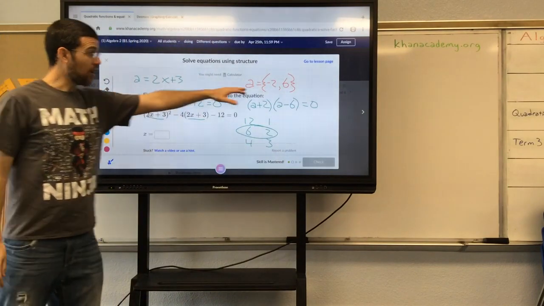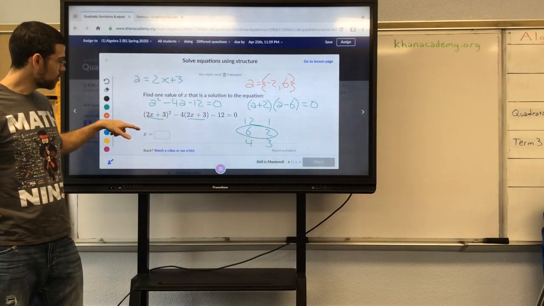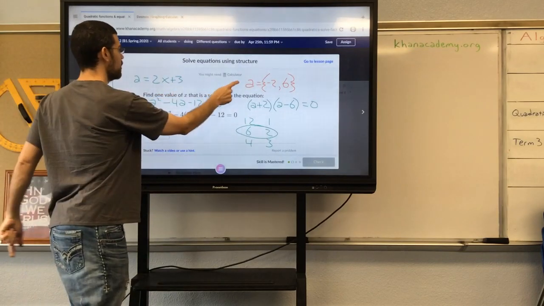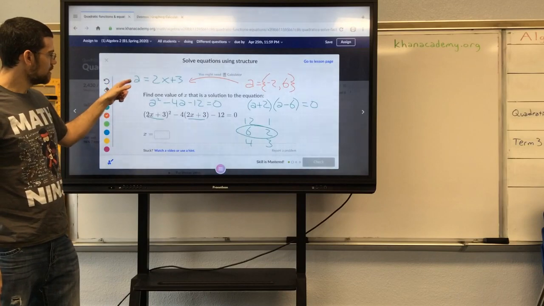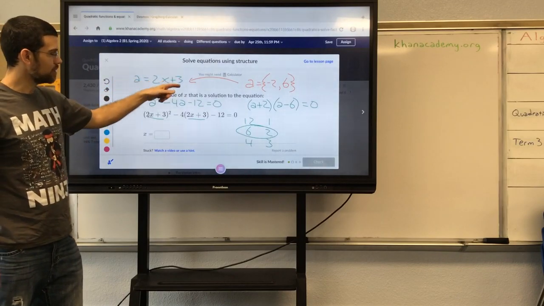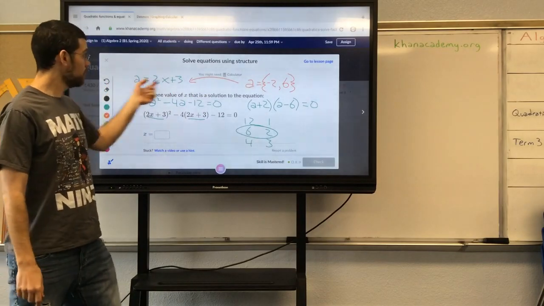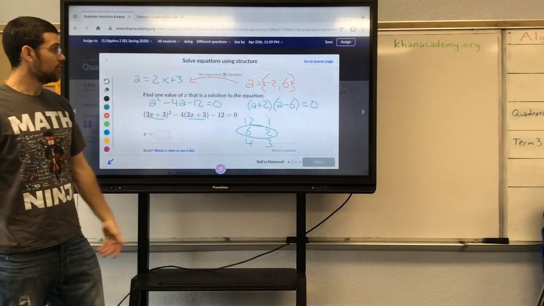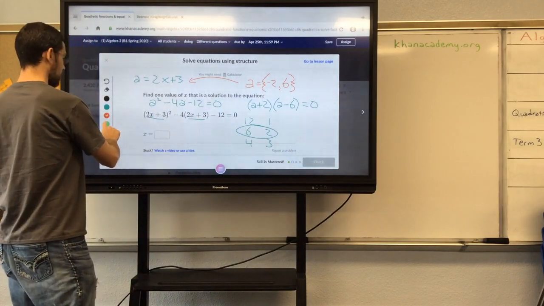Alright, so that's fine. We got a solution to this equation, but remember they want us to solve for x. Well, we come back over here and look. We know what a is. A equals 2x + 3. So let's substitute one of these numbers for a. I would pick the positive one just to make things simpler for myself to calculate.